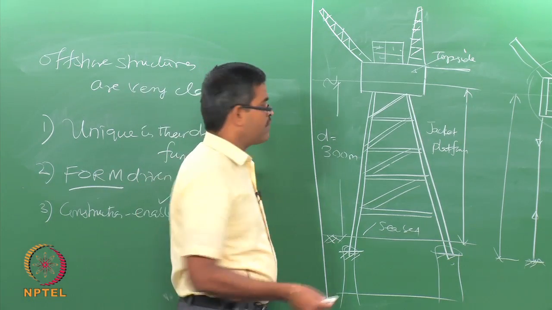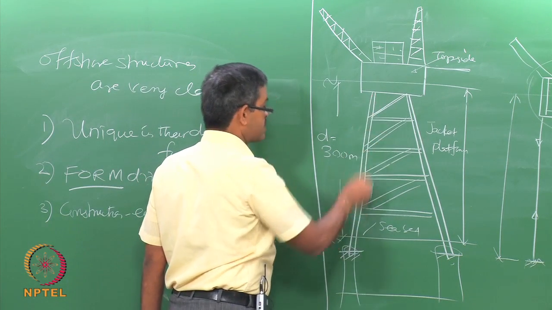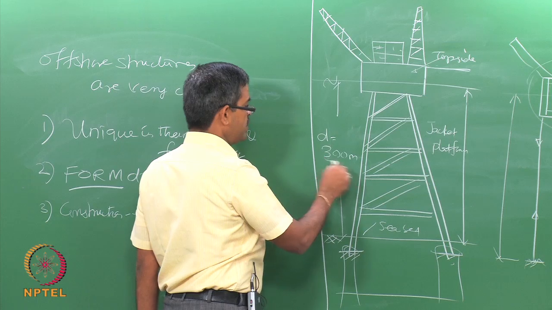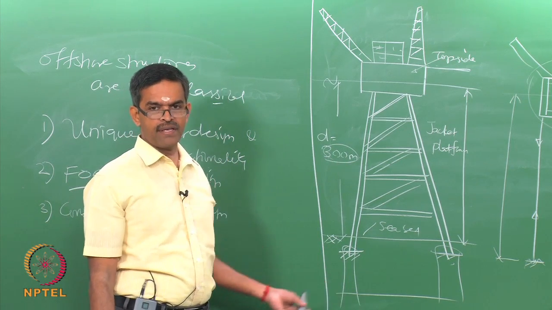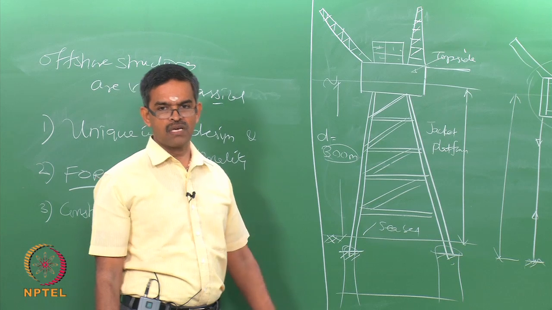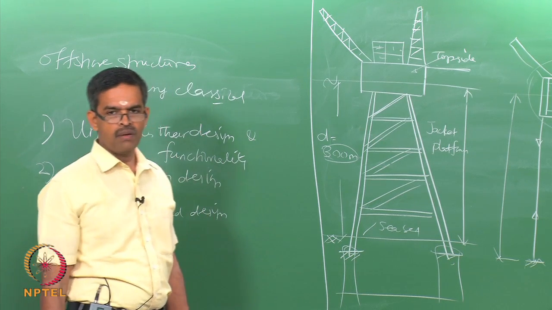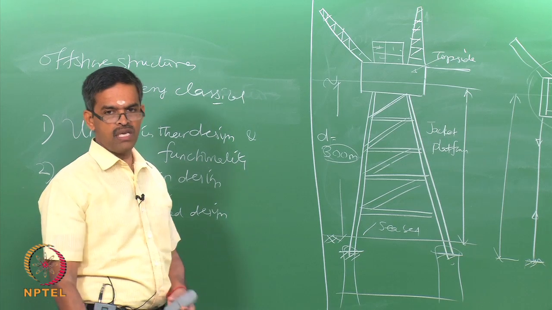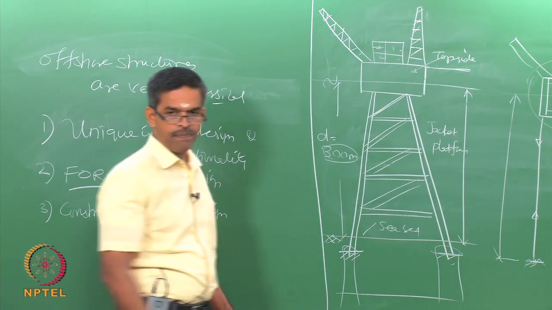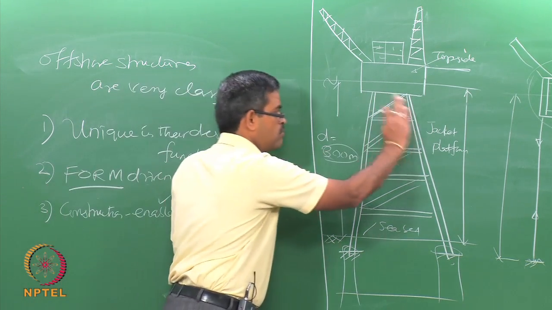Naturally, I cannot have a single material or a single member of this length, because transporting this, fabricating, erecting and commissioning becomes a very tedious job, because I am talking about all these issues in situ in a sea which is 300 meter deep. So, they will be constructed in modules.